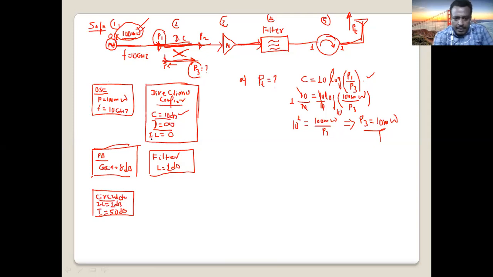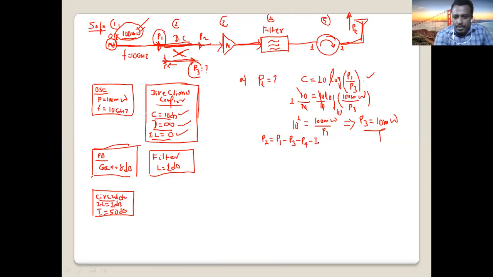And this coupler has no insertion loss. Insertion loss is also 0. Directivity is infinity. So how much will be P2? P2 will be P1 input power minus P3 coupled power in the correct direction minus P4 coupled power in the wrong direction minus insertion loss.